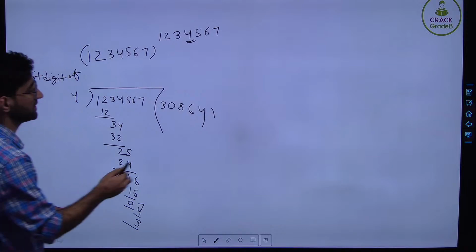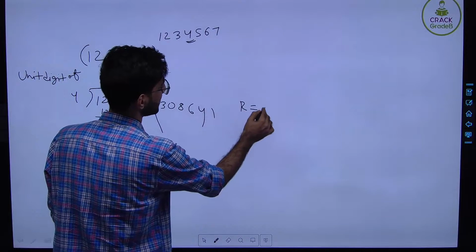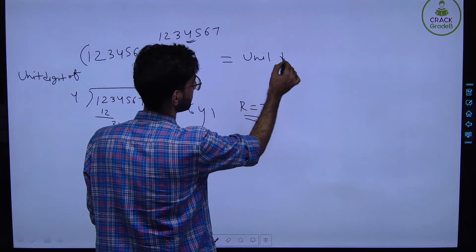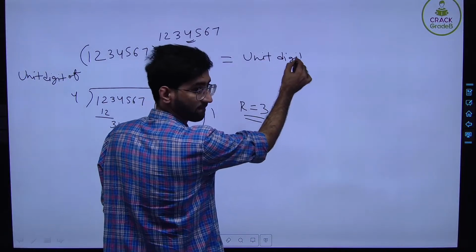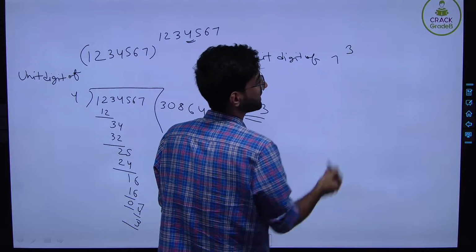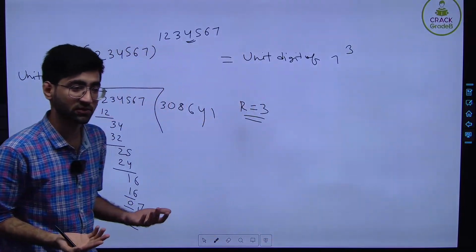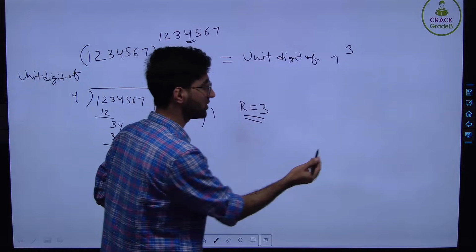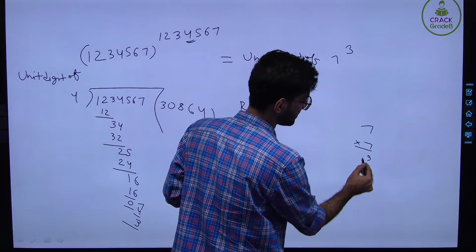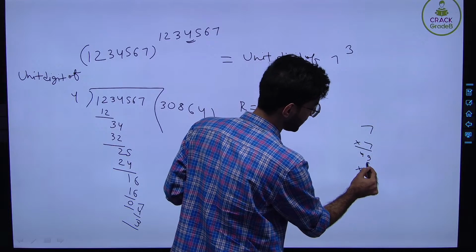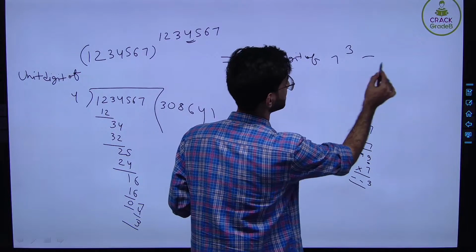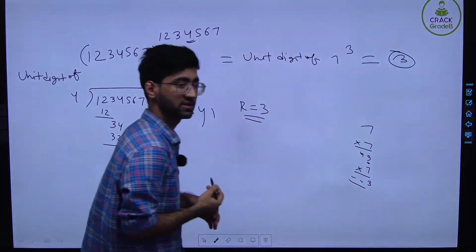If the remainder is 3, it means the unit digit of 7 cube. 7 cube is 343. Even if you are not able to recall the exact value, 7 into 7 is 49, but the unit place 9 comes into 7, 3 will be at this place, so obviously the answer will be 3, right?